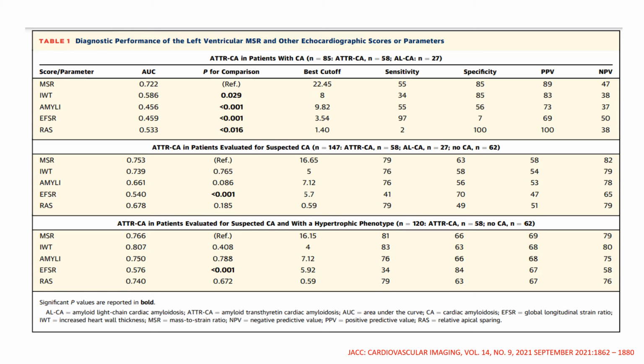The last one is how to diagnose ATTR cardiomyopathy in patients with suspected cardiomyopathy with hypertrophy. The mass to strain ratio and the inferior thickness score are good in evaluating these patients, with a good sensitivity and excellent or very good specificity.